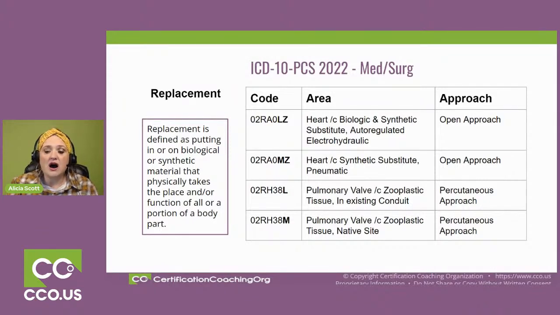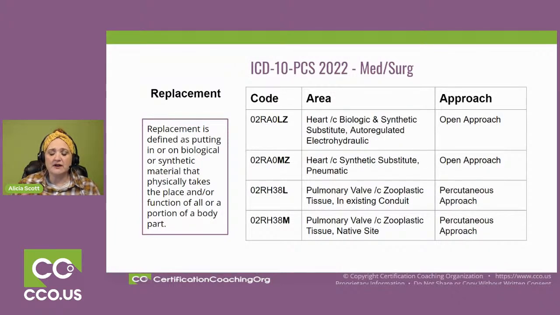Now, auto-regulated and electrohydraulic. I didn't go in and look and see what this was, we could go look that up. But again, we're putting something in the heart that is biological and synthetic at the same time. And it's regulated by the body itself, and it's electrohydraulic. Now, our approaches are open or percutaneous approach.